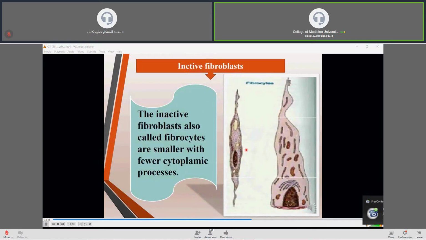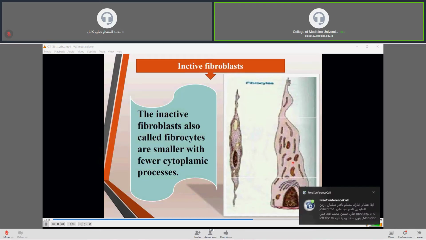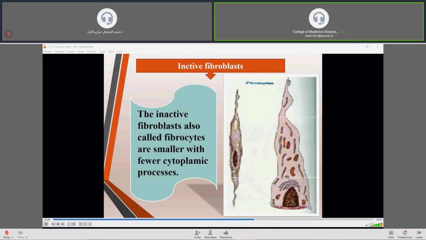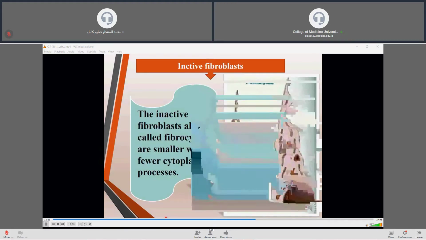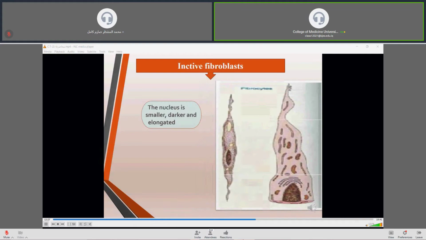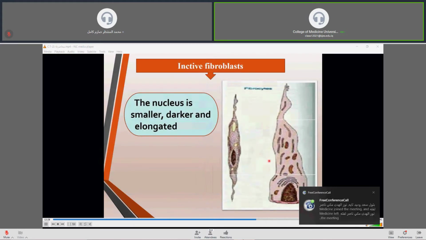While inactive fibroblasts, also called fibrocytes, are smaller compared with the active ones, with few cytoplasmic processes. The nucleus also differs from that of active fibroblasts.